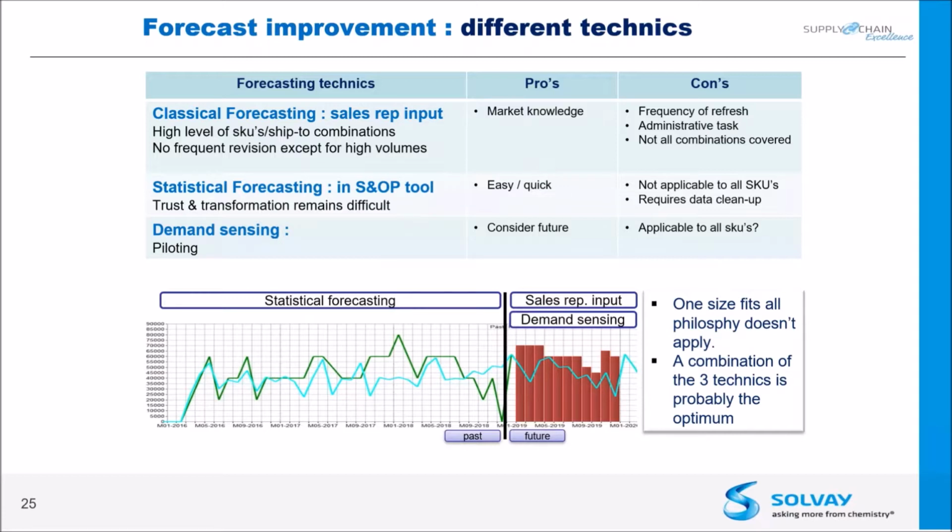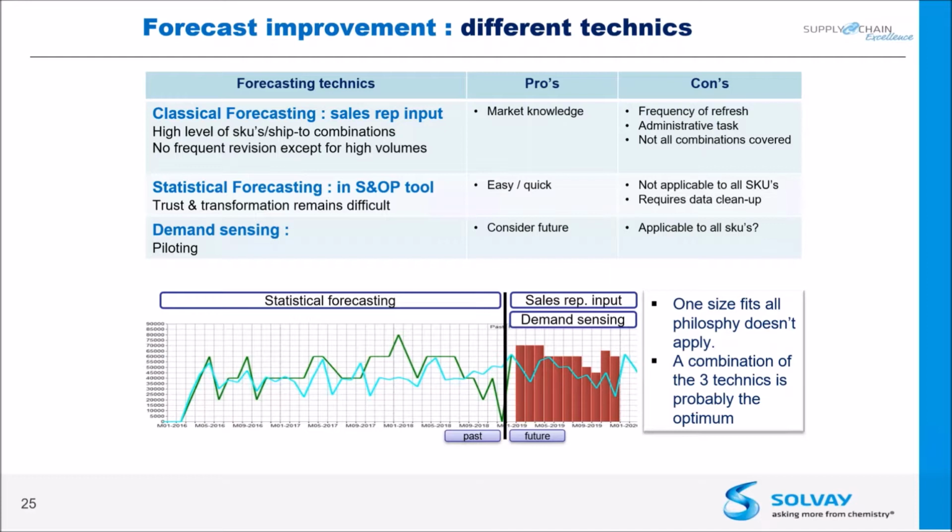So what do we have? We have classically 3 ways to perform a forecast. We have what I call the classical way, where you ask your sales rep to put forecast, and this is mainly done at the lowest level, so material or SKU ship-to level. It's a manual approach.